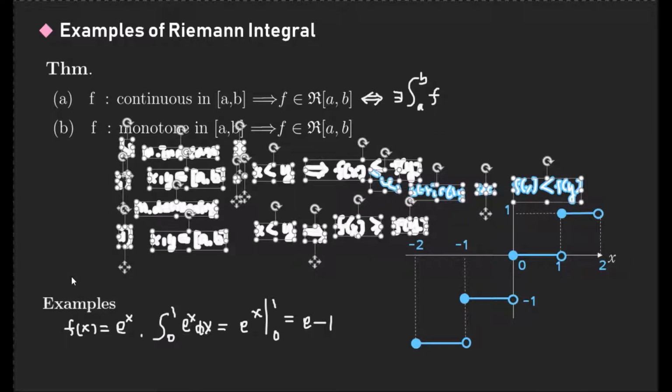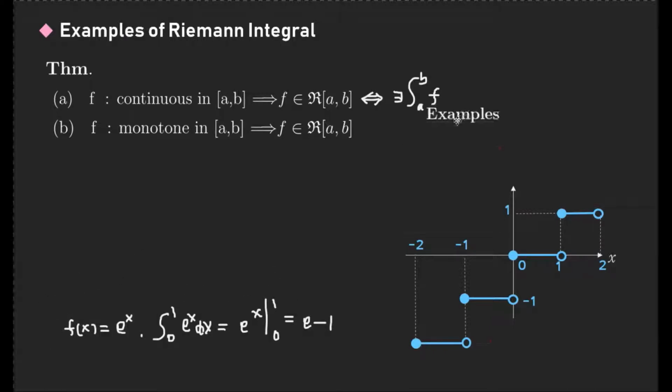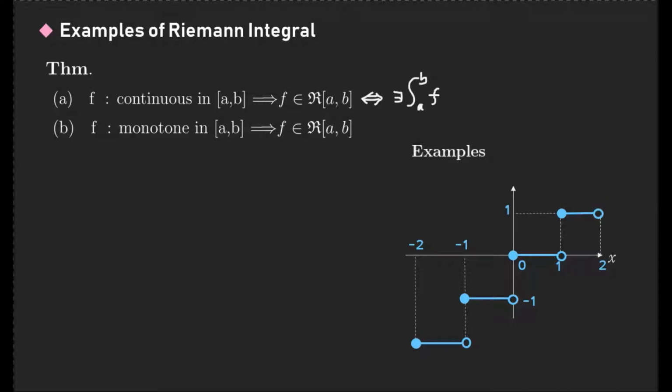Let's look at such an example. This is a well-known function. Usually this notation is expressed with a special bracket, floor of x. This is called the Gauss function. The definition of the Gauss function: x is clearly a real number.